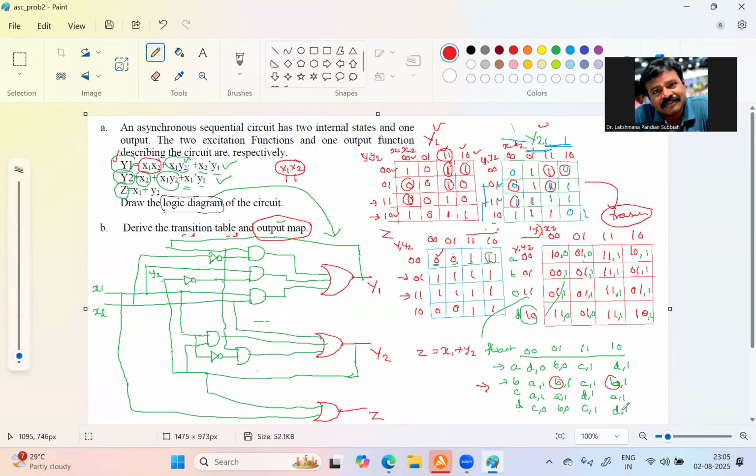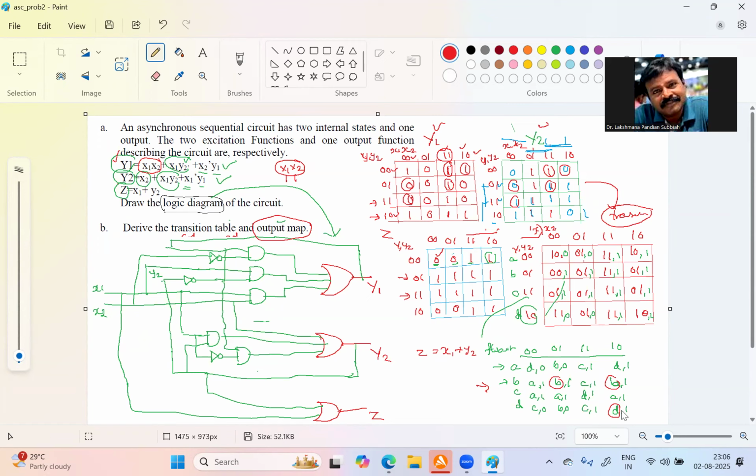C, here there is none. Here D, here also we are having D. Here A, there is no A for that row. For C, no. Right? So these three are stable states, and all others are unstable states.